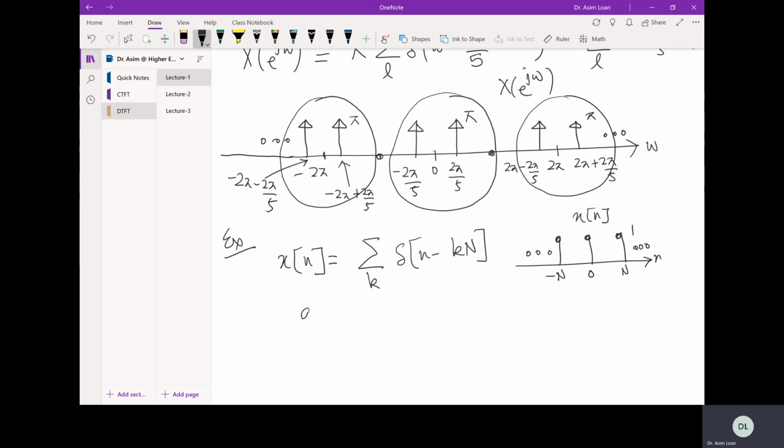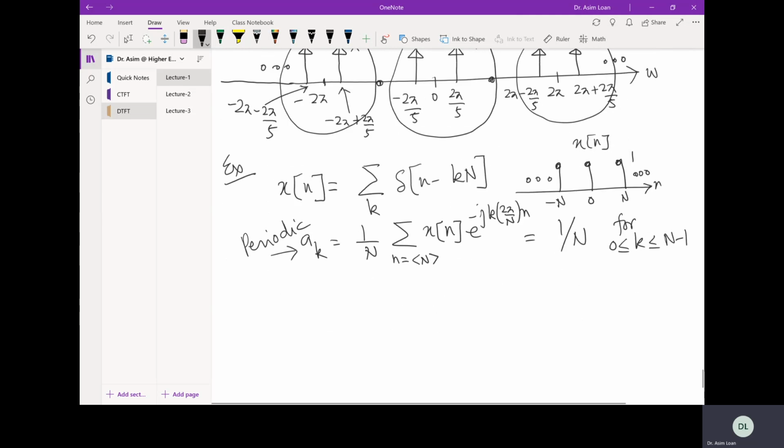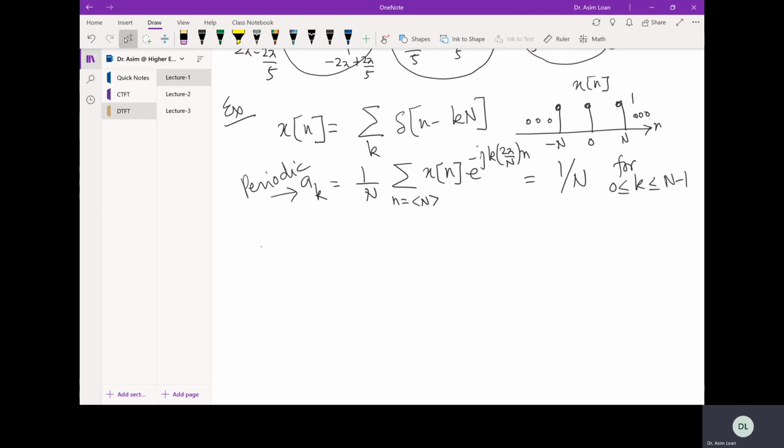We know the Fourier series a_k is 1 over N, sum over n equals N of x of n e^{-jk 2 pi by N n}, and this is simply 1 by N, just like it was 1 by T, for 0 less than or equal to k less than or equal to N minus 1. Don't forget that this is periodic. Okay. And what about X of e^{j omega}?